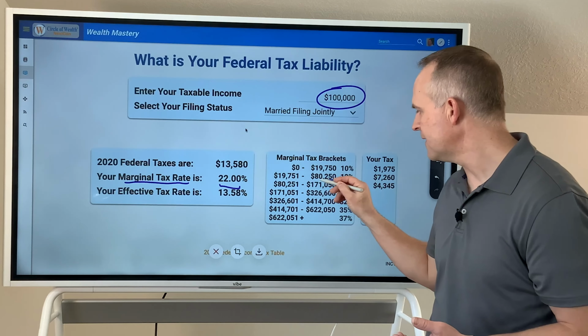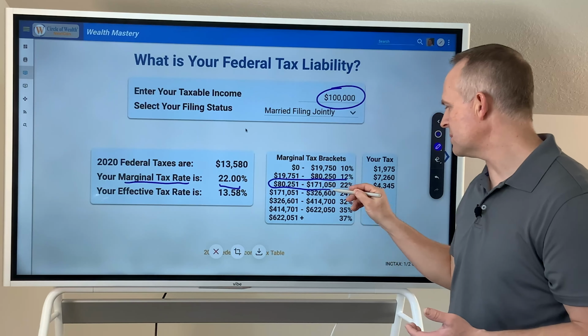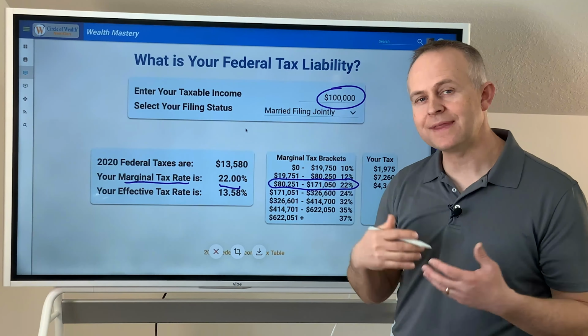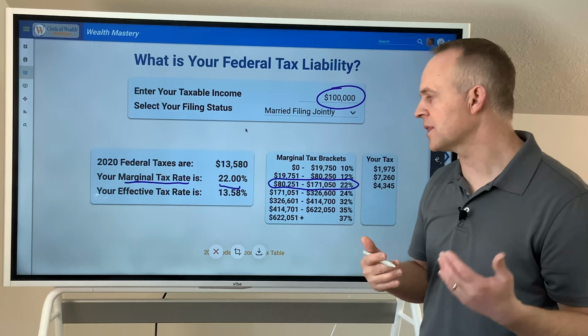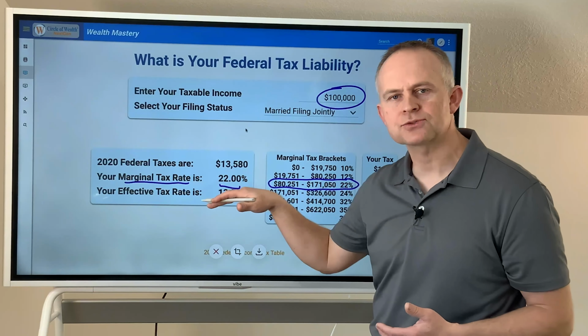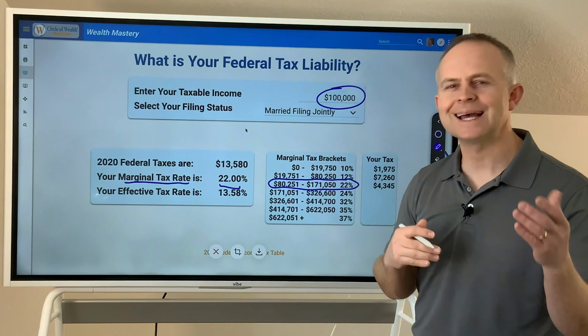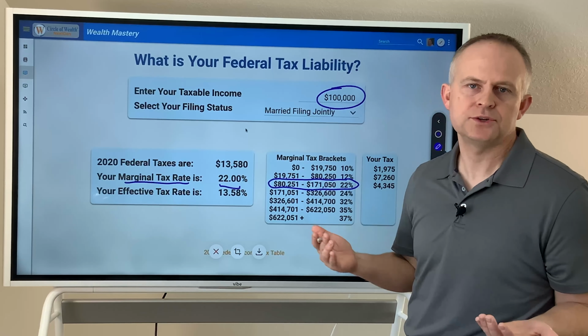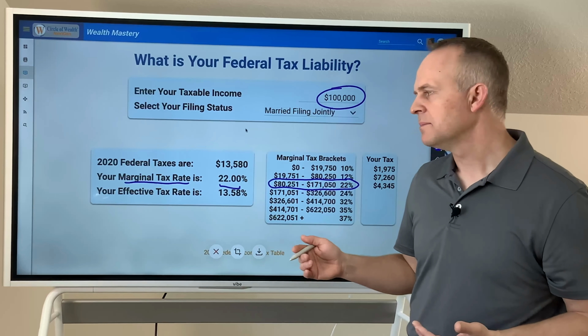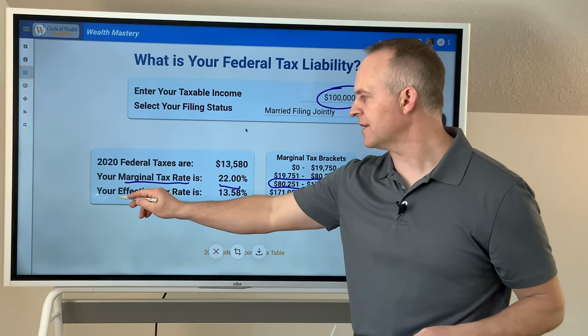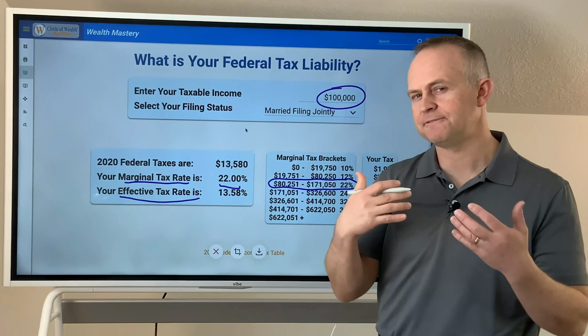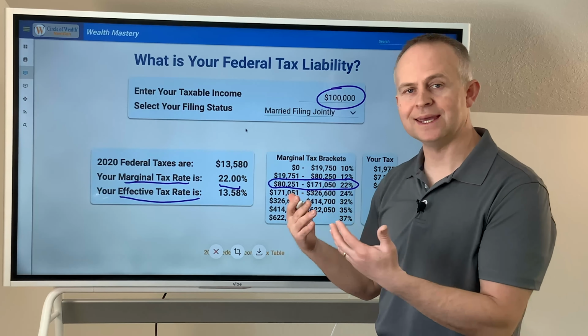And this client falls under this range right here, making $100,000 a year. So they're in that 22% tax bracket. In other words, they're in that marginal tax rate of 22%. But that doesn't mean that they pay $22,000 of taxes, because you have to calculate what we call your effective tax rate to actually figure out how much you're paying in taxes.